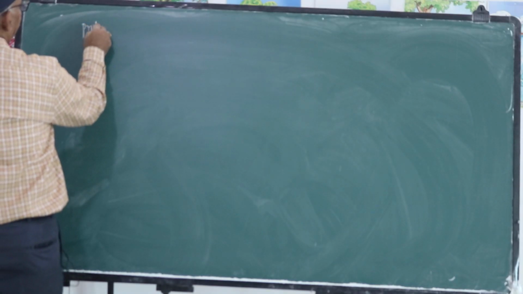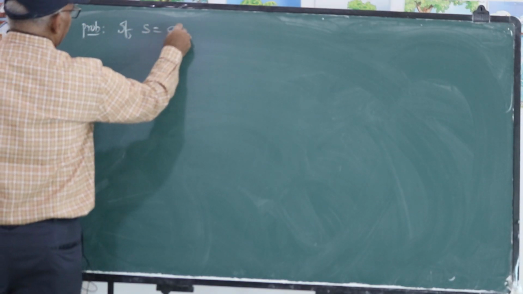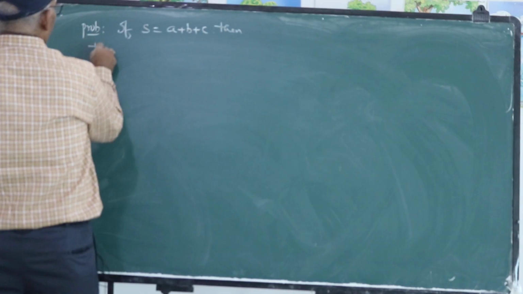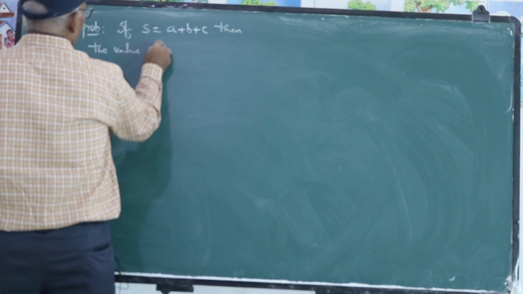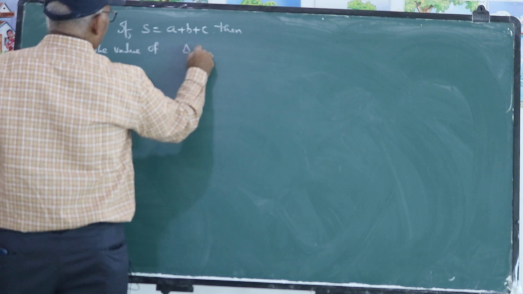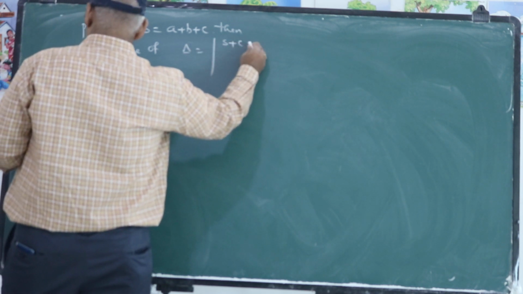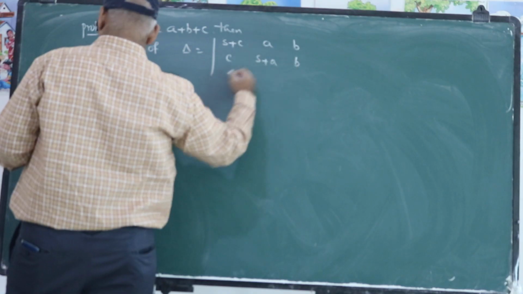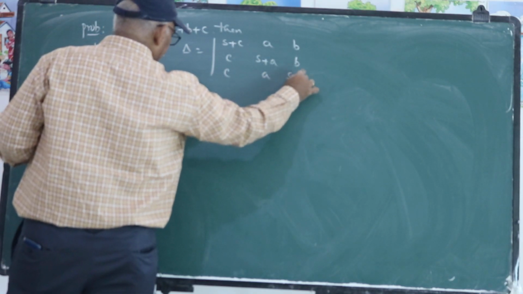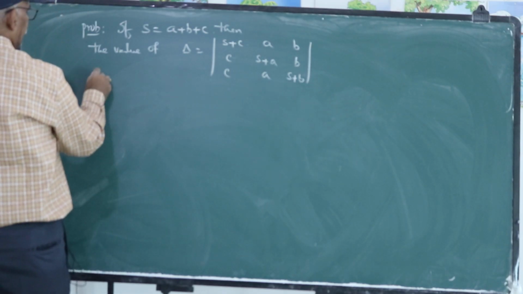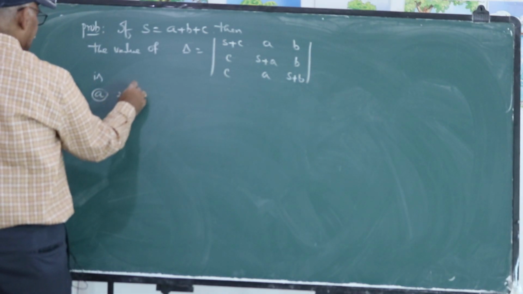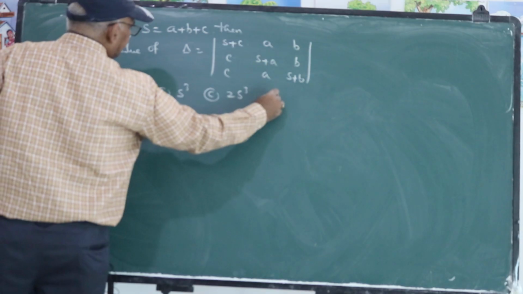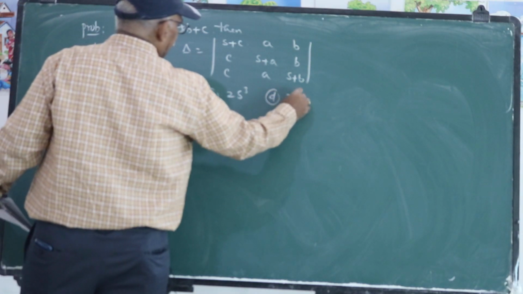Next problem. If S equals A plus B plus C, then the value of the determinant S plus C, A, B; C, S plus A, B; C, A, S plus B, is, with the given options 2S square, SC cube, 2SC cube and 3SC cube.